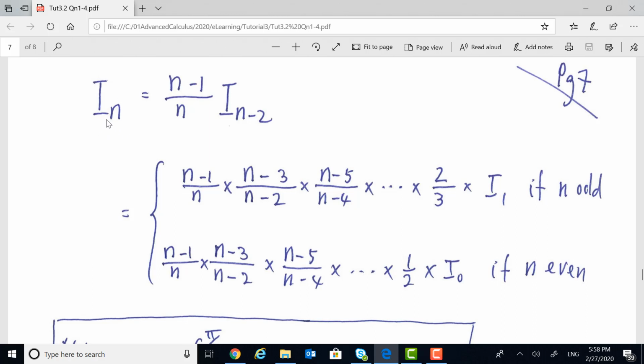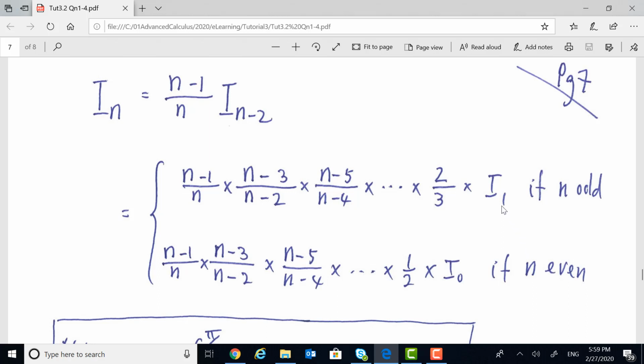Now, what we have so far proven is In is equal to this. And then if you use this expression recursively, from In equals n minus 1 over n of I of n minus 2, you will get this if n is odd, and you will get this if n is even.